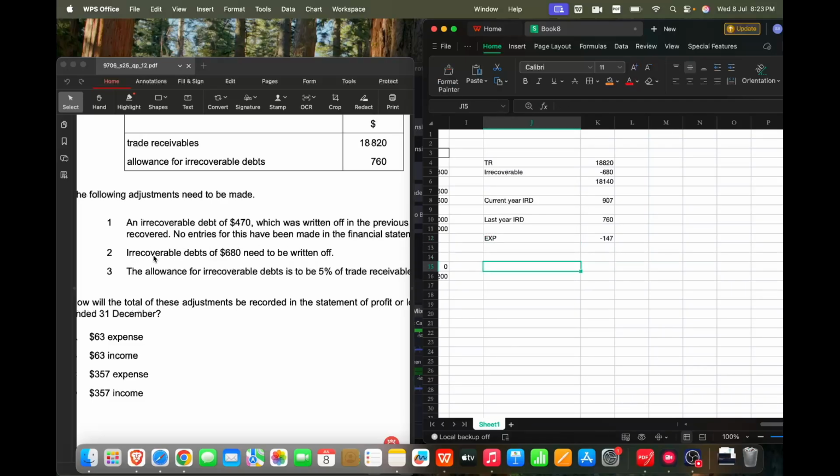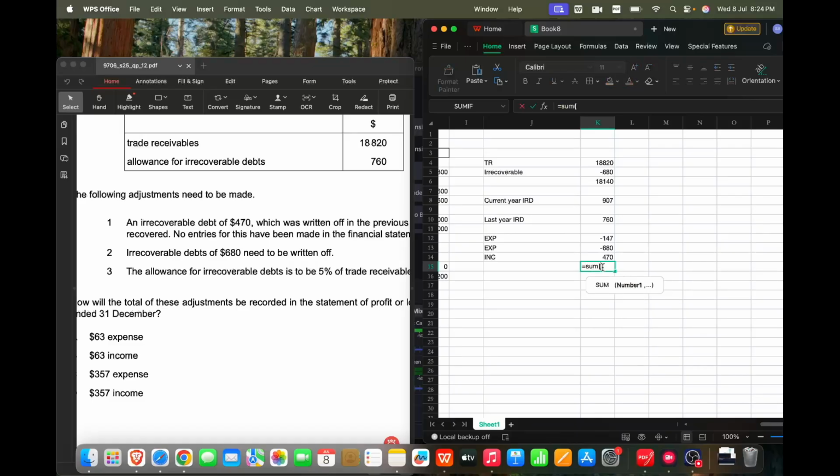And this year irrecoverable debt was 680. That is also my expense, which is 680. And last year we considered irrecoverable debt of 470. Last year it was considered an expense, but now we are receiving this money this year, so we'll consider this as our income for the year, 470.